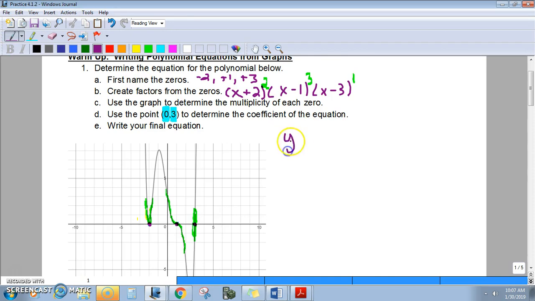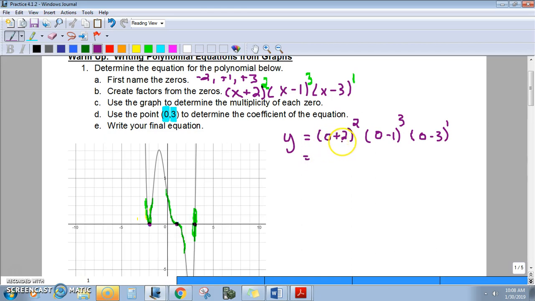So if I have y equals, instead of x plus 2, I'm going to do 0 plus 2. And don't forget that's squared. And then I'm going to do 0 minus 1, and that is cubed. That's important there because it'll give us a negative. Then I'm going to have 0 minus 3 to the first power.